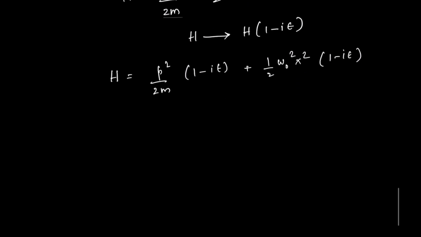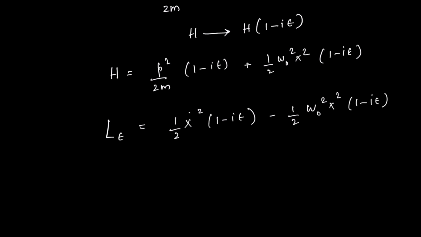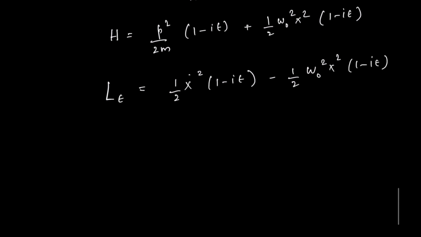Now what will be the Lagrangian if I incorporate the epsilon? Then the Lagrangian will become half x dot square (1 minus i epsilon) minus half omega naught square x square (1 minus i epsilon).